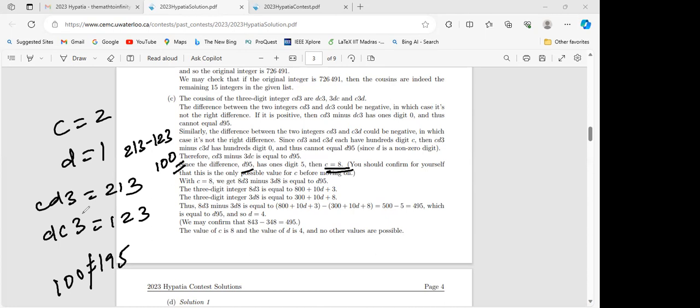Okay. So the C would be 8. So since the only way to get ones digit 5 is 13 minus 8, right? So then you would have C.